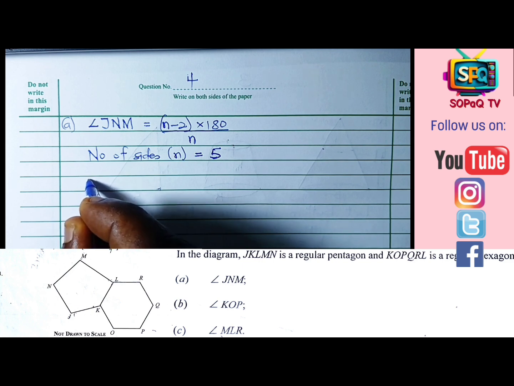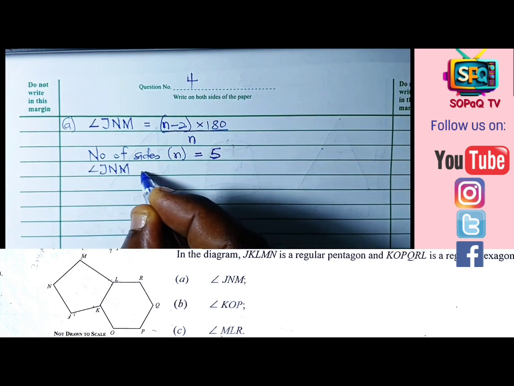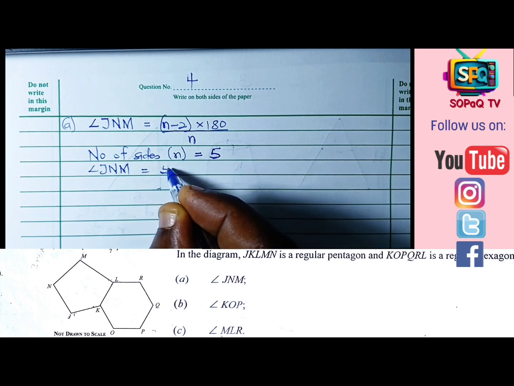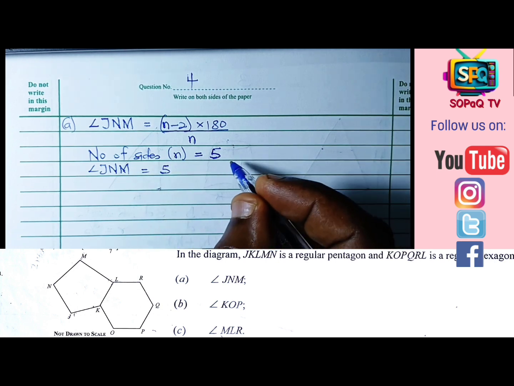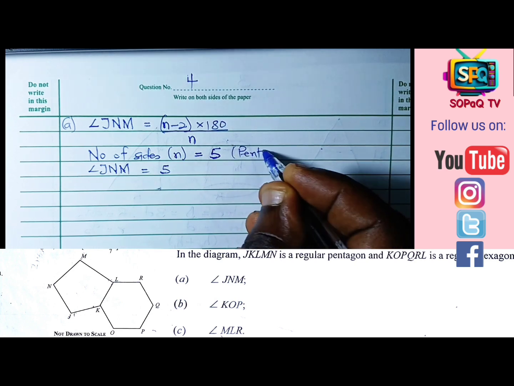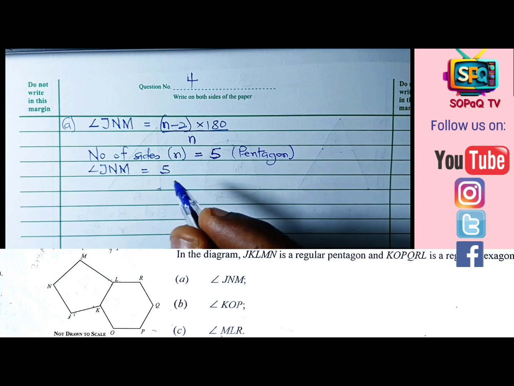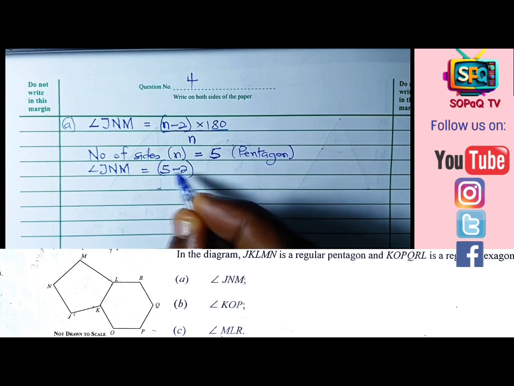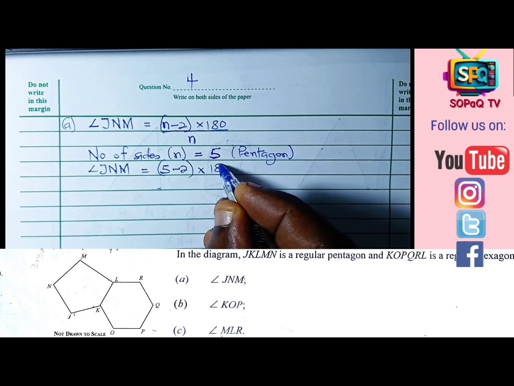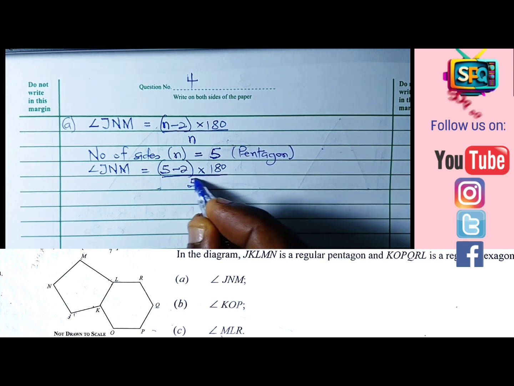Our angle JNM is going to be 5 minus 2 all times 180 all on 5.